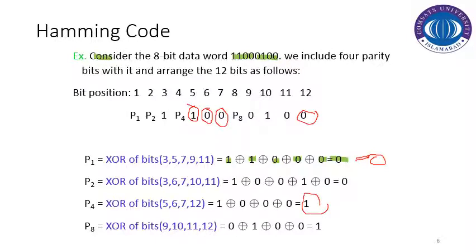And P8 is computed as the exclusive OR of the bits at placement 9, 10, 11 and 12, that is 1. So these are the bits that are additionally stored with the data bits.